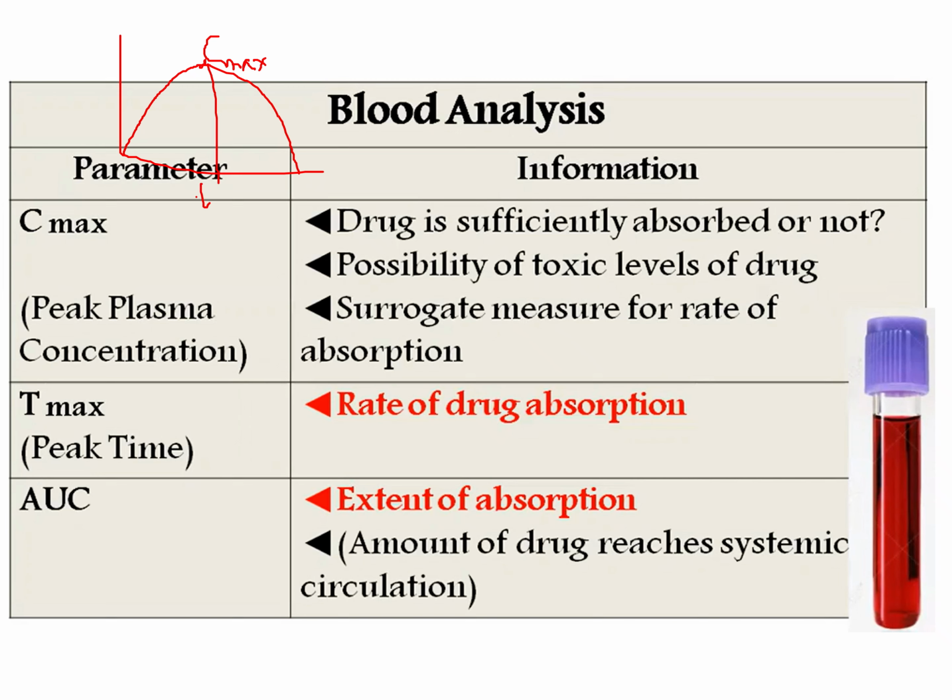So this is Tmax. The x-axis means time and the y-axis means the concentration. So these are the pharmacokinetic parameters for blood concentration measurement of drug: Cmax, Tmax, area under the curve.